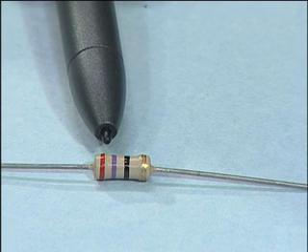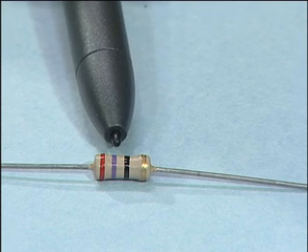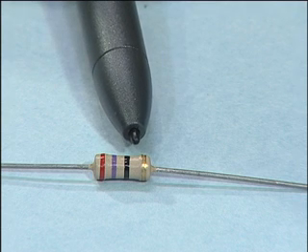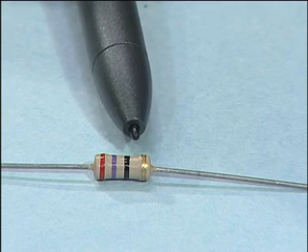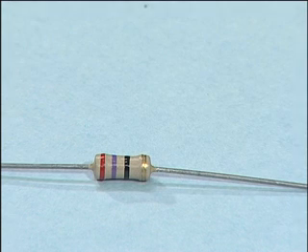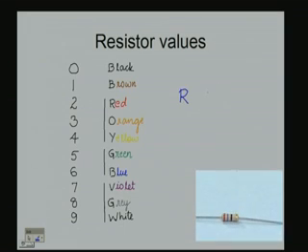Now, the first band represents the first significant digit, the second band the second significant digit, and the third band is the multiplier, 10 to the power of something, whatever that color represents. So, for example, if we take that particular resistor, the first band is red, the second band is violet, and the third band is black.